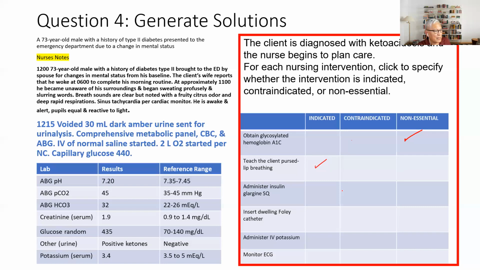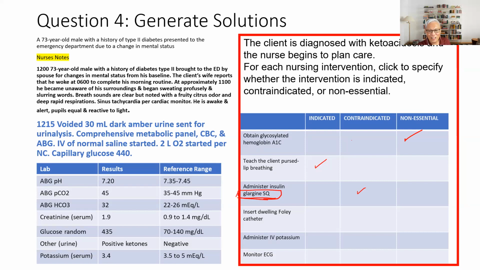How about administering insulin glargine subcutaneously? Contraindicated. Correct. This would be contraindicated because what we need is regular insulin, right? Okay.